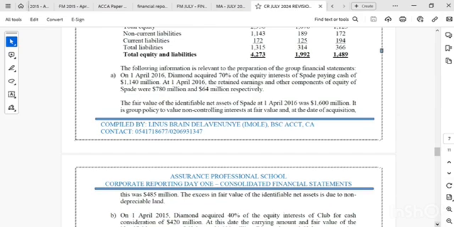It is the group's policy to value non-controlling interest at fair value, and at the date of acquisition, this was $485 million. The excess in the fair value of the identifiable net asset is due to a non-depreciable land.